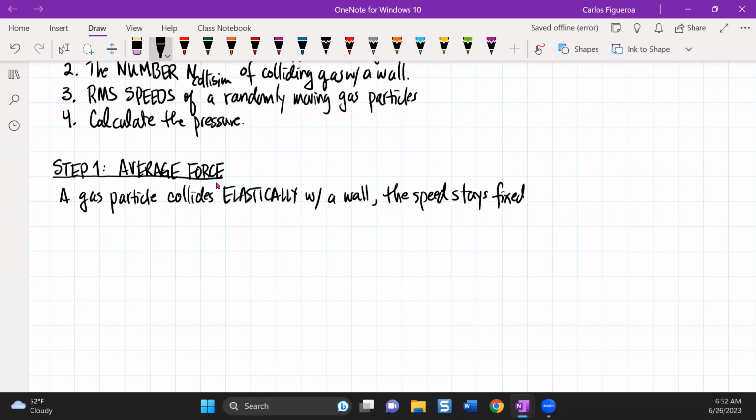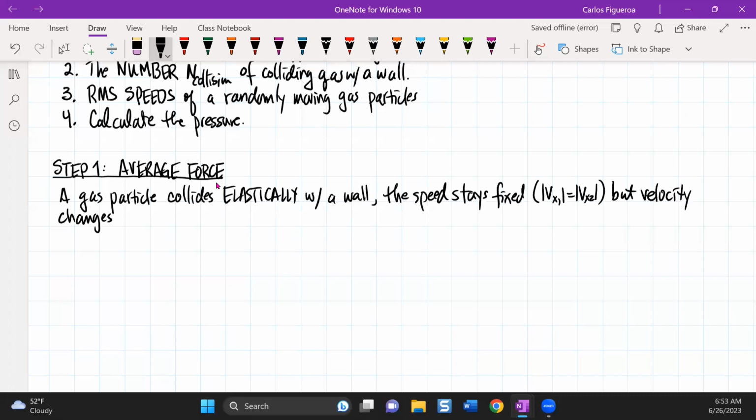If I'm looking in one direction, that tells me the speed in the x direction must also be the speed coming after the collision. So the speed stays fixed, but the velocity changes.